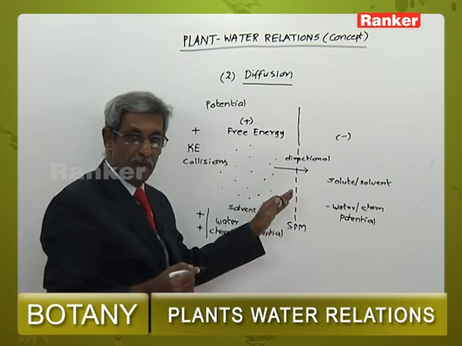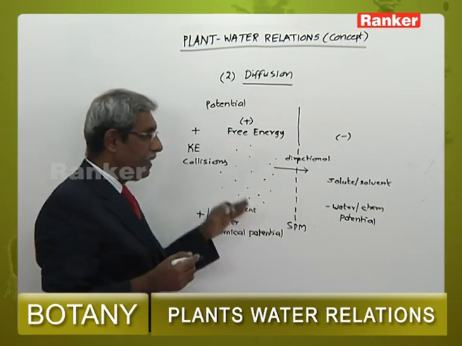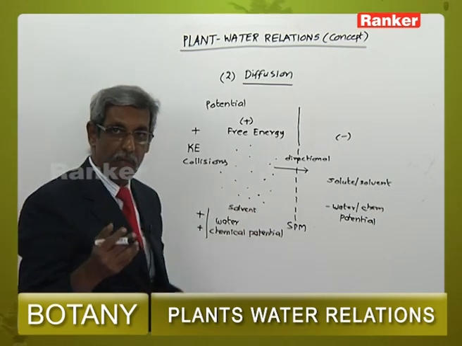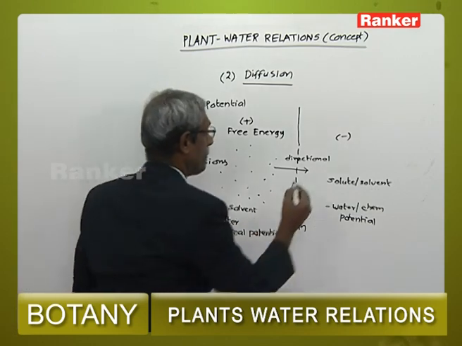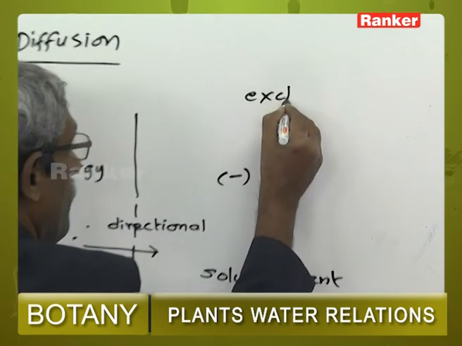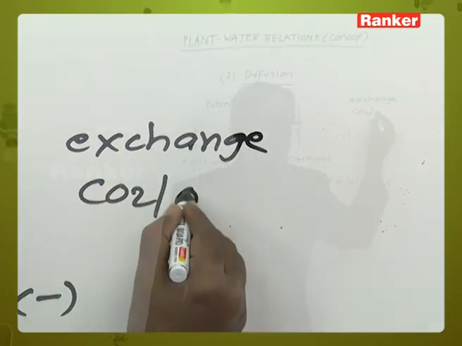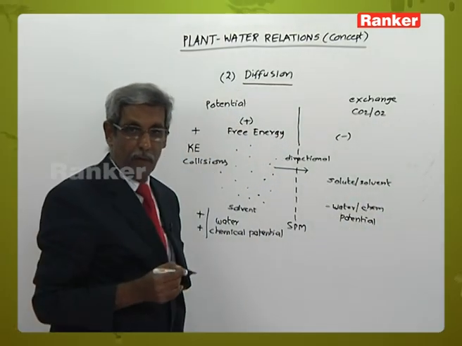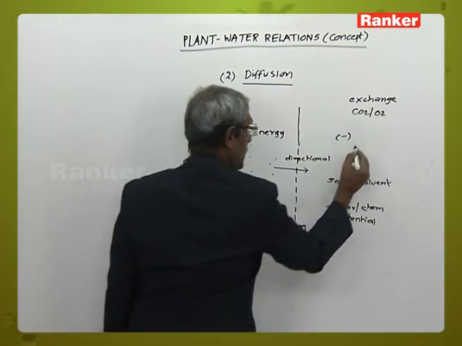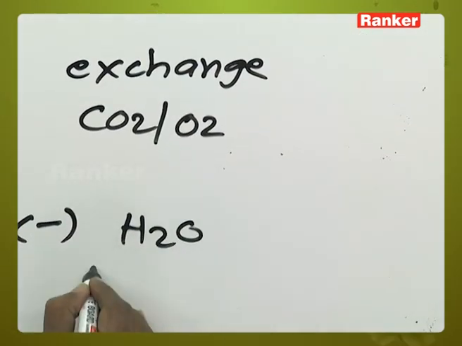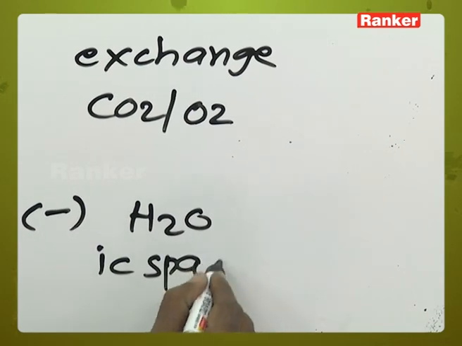Now when you take diffusion, the common example is exchange of carbon dioxide and oxygen, as well as the movement of water in intercellular spaces in the leaves.